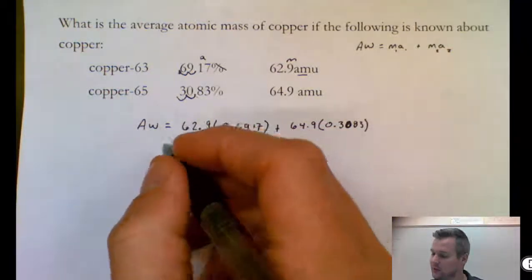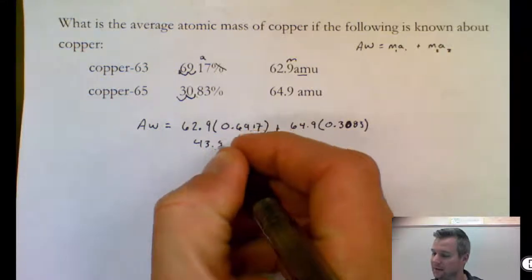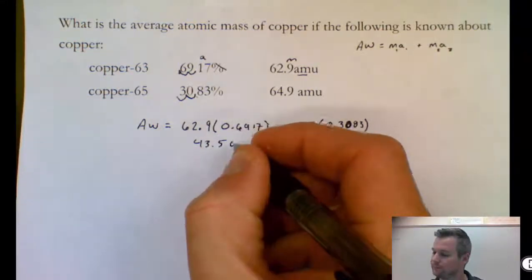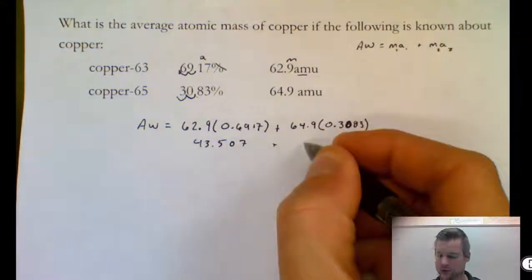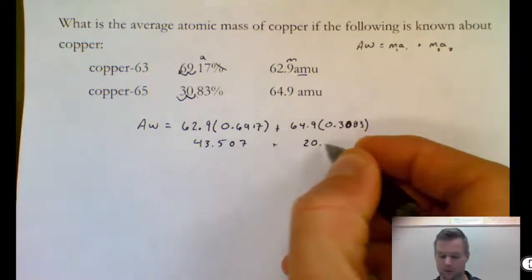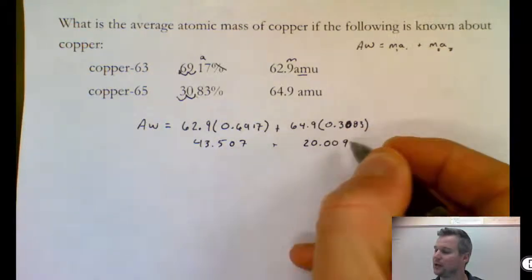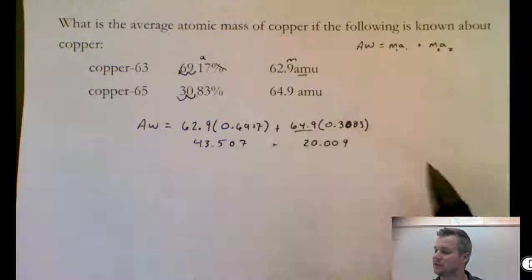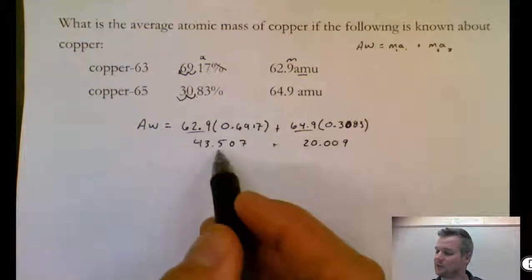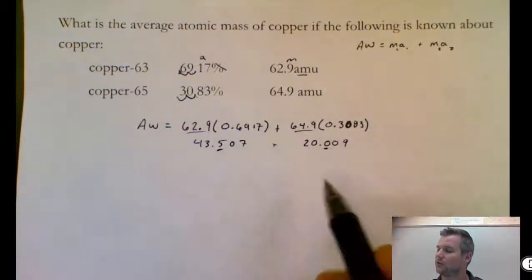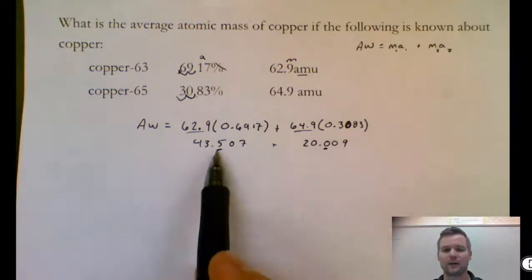This portion of the problem gives me 43.507. And then this portion of the problem gives me 20.009. Now, because this mass has 3 sig figs and this mass has 3 sig figs, really, these both go out to the 10th position.